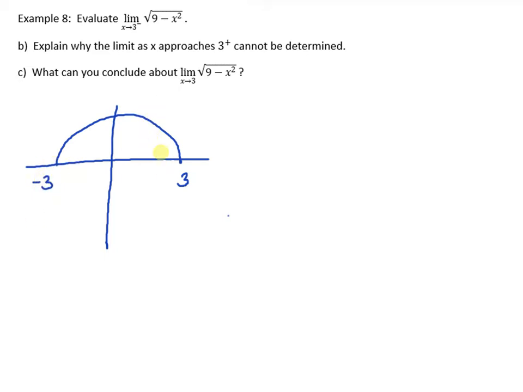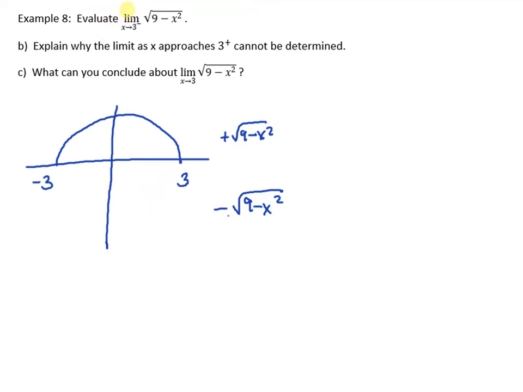Okay? Because remember, the circle is also a piecewise function. For the top, it's like, for example, root of 9 minus x squared, and at the bottom, it's like the flip, the reflection in the x-axis.